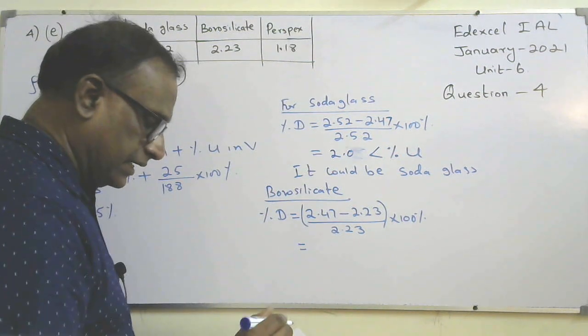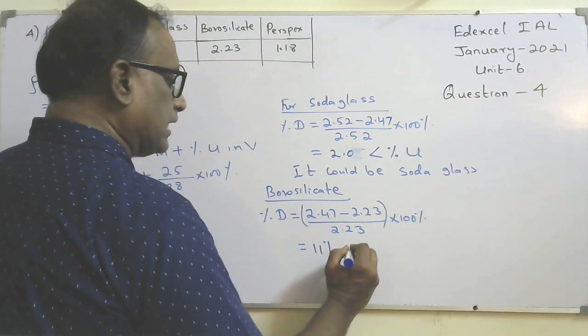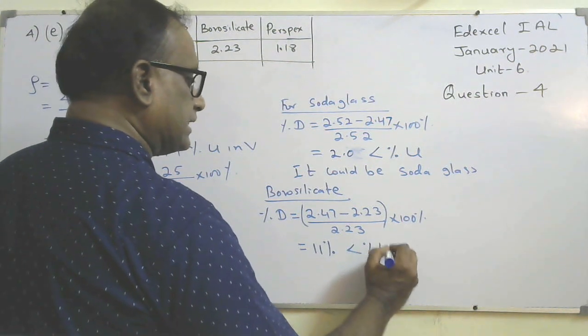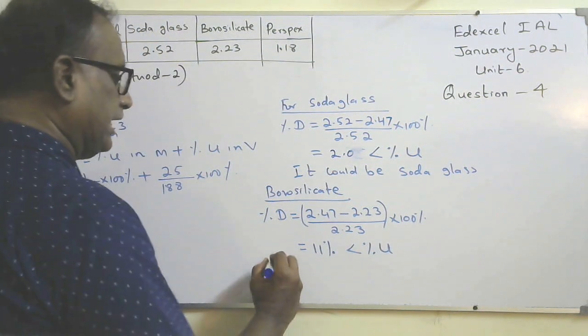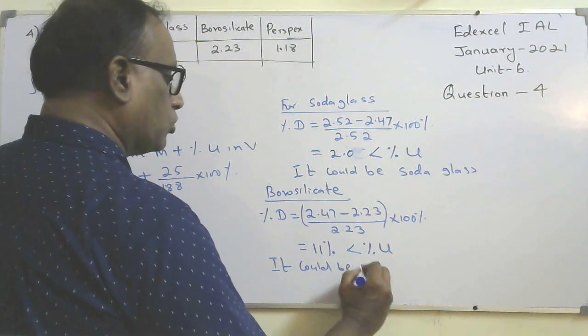So that will be, normally giving it in two significant figures, 11 percent. That is also less than the percentage uncertainty. So I can say it could be borosilicate.